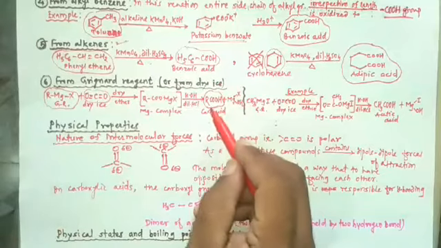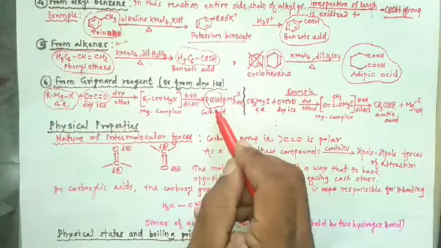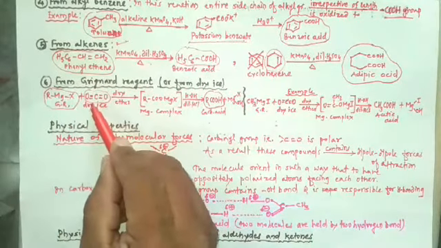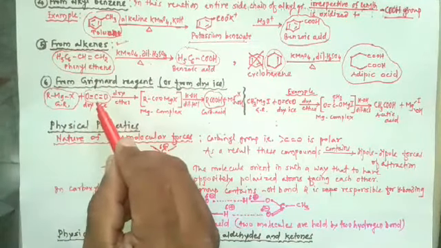In this way, carboxylic acids can be prepared by carrying out the reaction between Grignard reagent and dry ice or solid carbon dioxide.